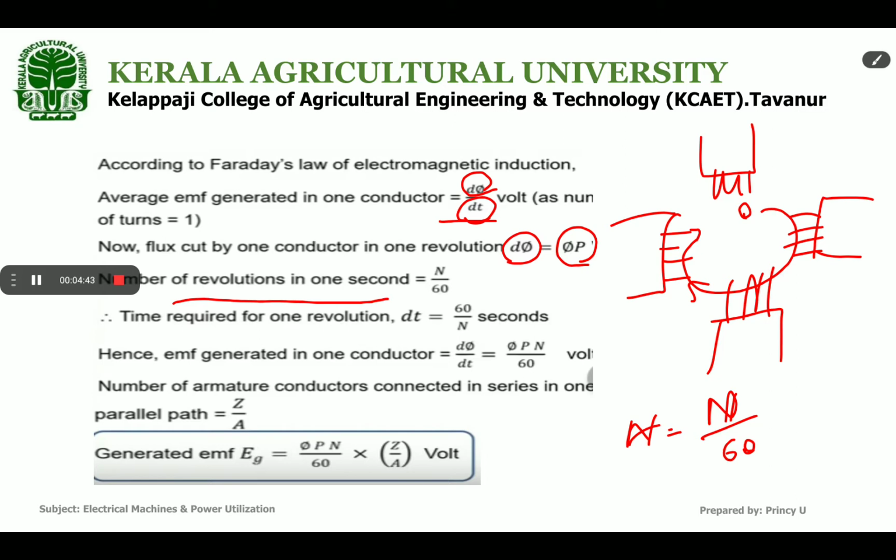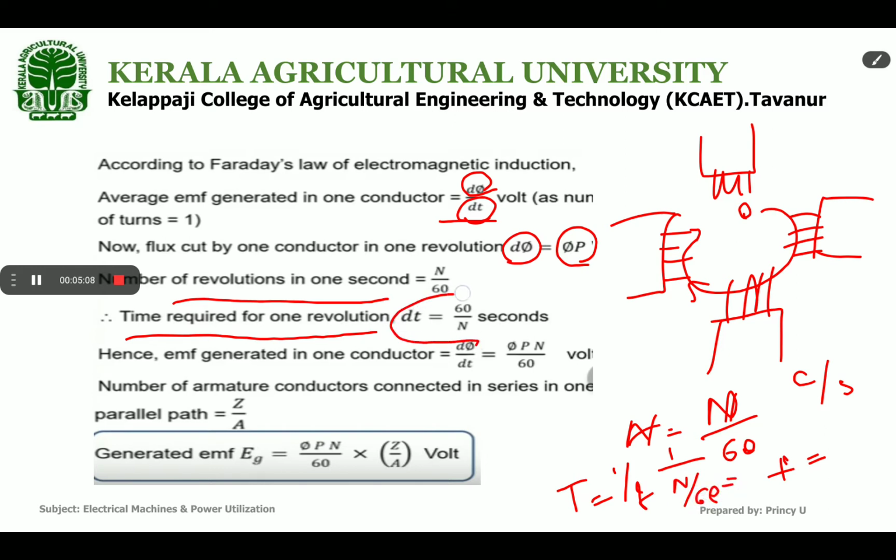That is the number of revolutions in 1 second, that is cycles per second, which is equal to the frequency. What is the time period? Time period is 1 by F. So the time required for one revolution is 1 by N by 60, which we can write as 60 by N. So dt is 60 by N seconds.